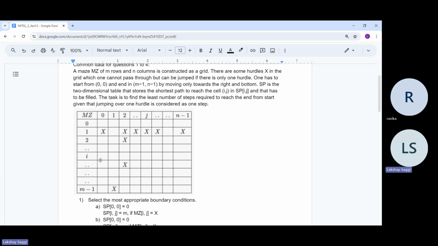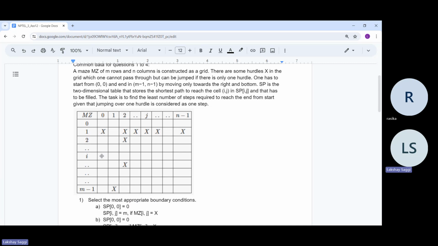So we want to go down to this point, i,0. The only way in which I can come down here is if I'm coming straight down, because as soon as I take a right, I'll be in the first column and I cannot come back to the 0th column again because I can only move right or bottom. So I'll have to come straight down to reach i,0.